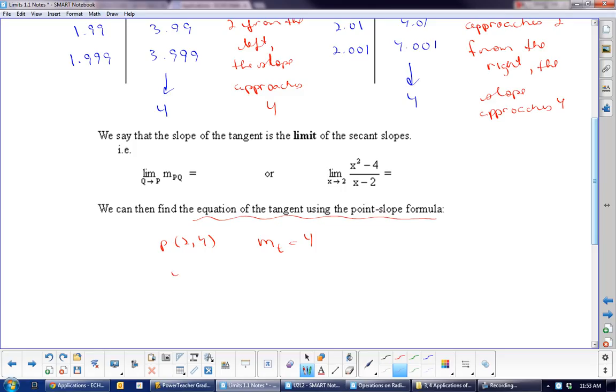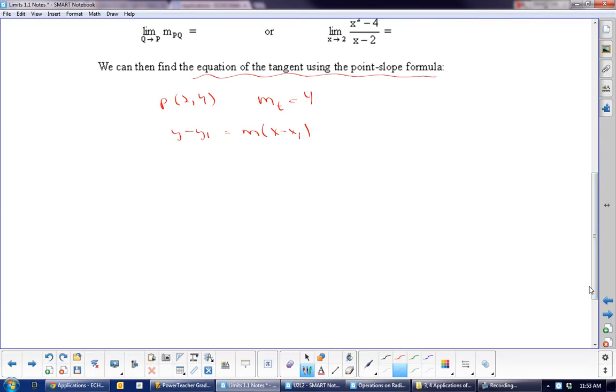So if we put that into y minus y1 equals m times x minus x1, that would be y minus 4 equals 4 times x minus 2. Y minus 4 equals 4x minus 8. So we're going to get 4x minus y minus 4 equals 0.